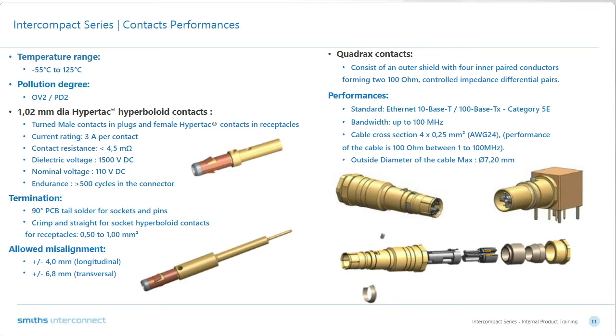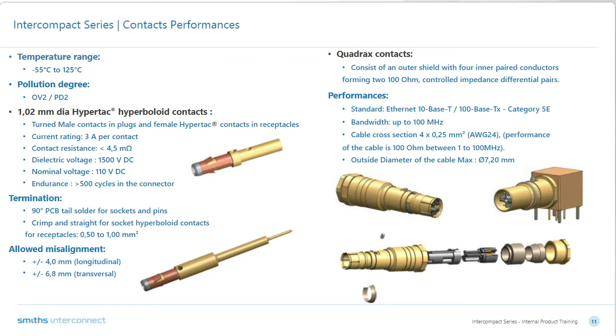In terms of the quadrax contact, again, perhaps a smaller nuance for those of us in the world of connectors, but the way the contact has been designed, which consists of an outer shield with 4 inner paired connectors forming 100 ohms controlled impedance for differential pairs, is something that genuinely helps you manage the performance of this connector, of this contact, with great confidence.